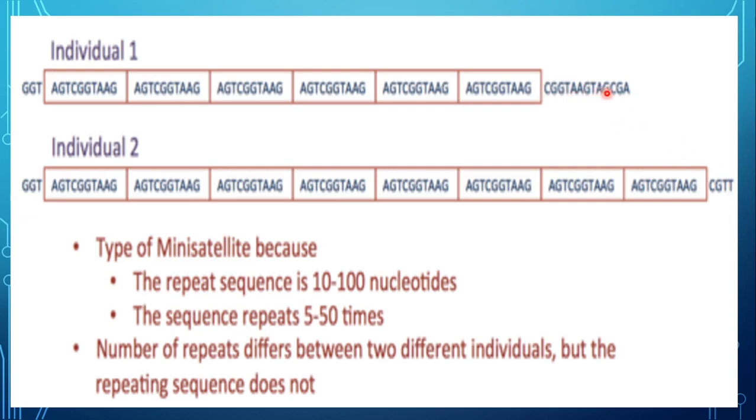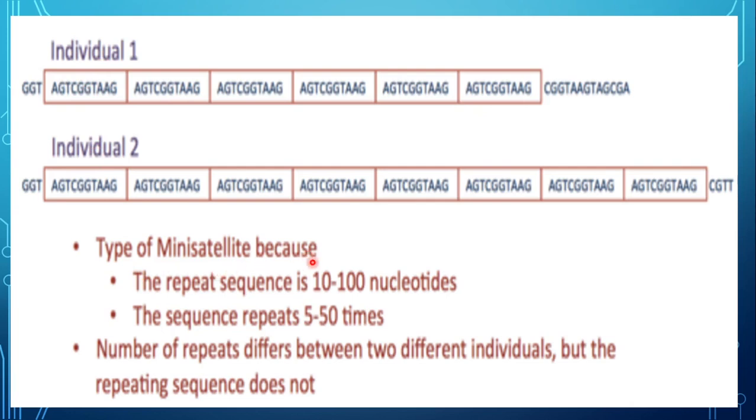That is unique to the person. But the portion which is getting repeated tandemly one after another is called satellite DNA, repetitive DNA, and the number of repeats will vary from individual to individual.